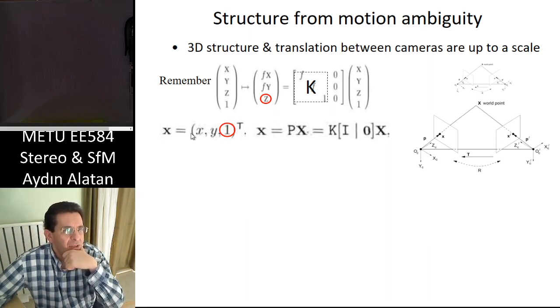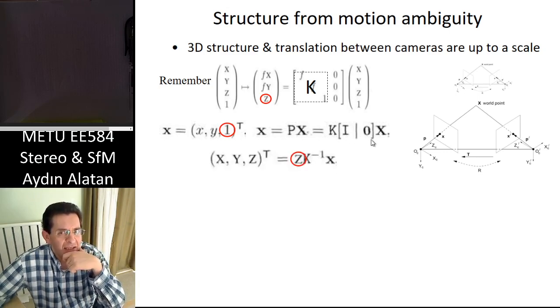Therefore, let's start. If I start with this x, y, and 1, I'm just enforcing right now to start with 1. If x is equal to P times X, and P is canonical, in other words, selected as the world coordinate system with a calibration matrix K, this is conventional.